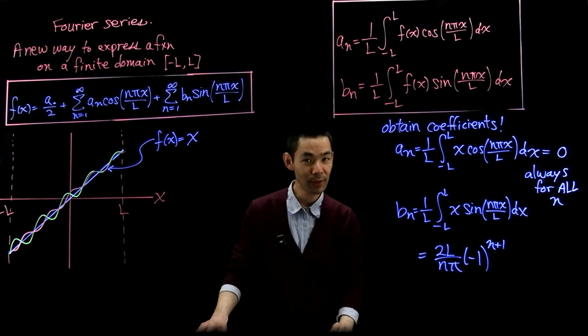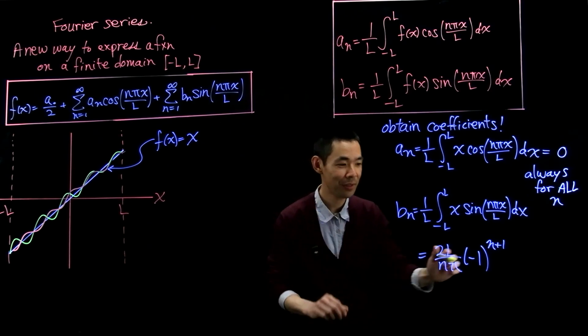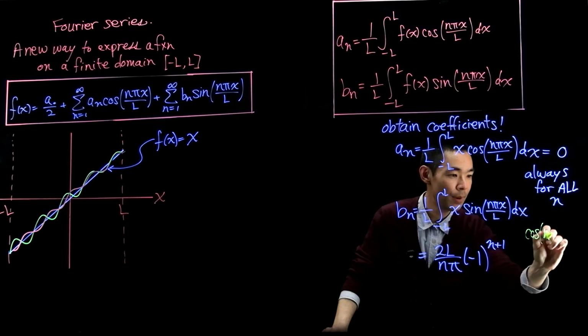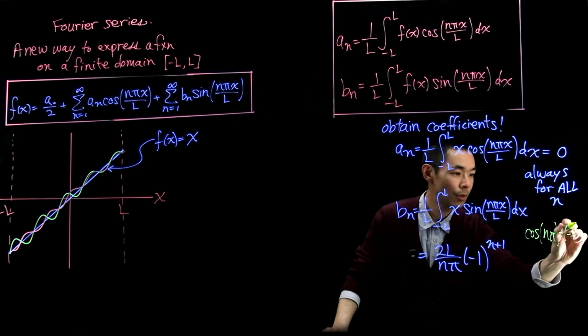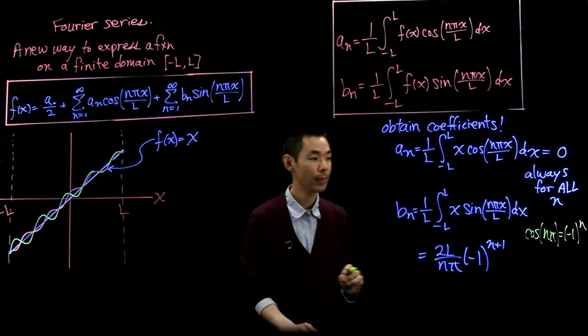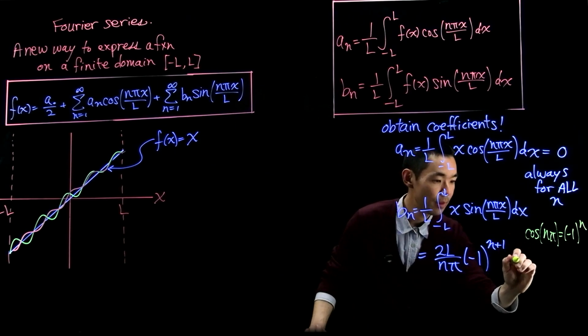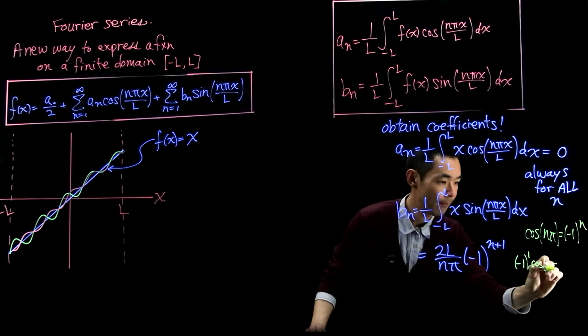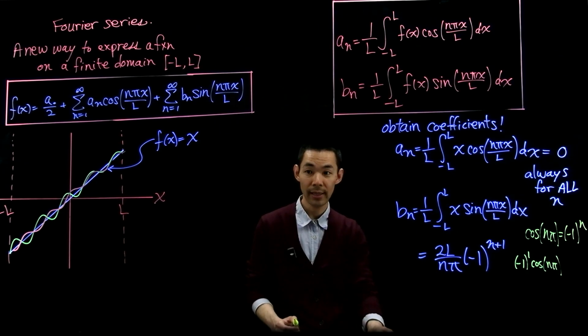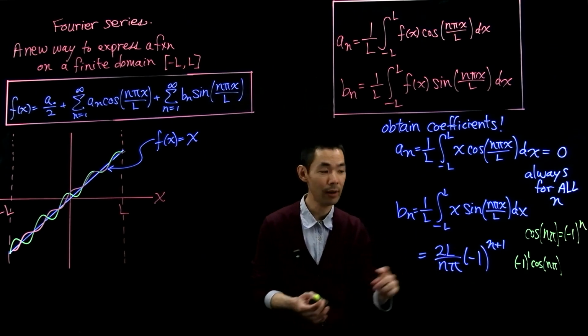If that was too fast, let me do a quick recap. You know that cosine of n pi is equal to -1 to the n power. We have a negative sign out in front of the integral, which is just -1 to the 1 power.